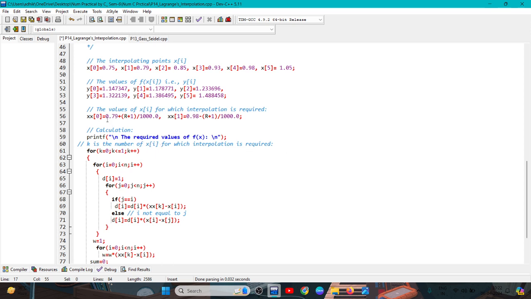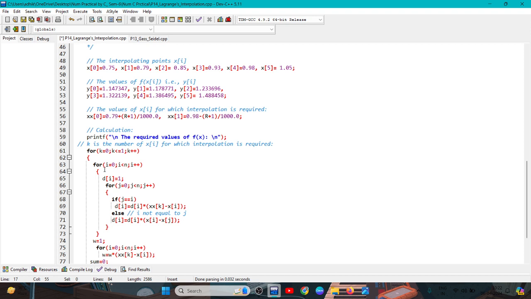So here we find for two values of x, xx0 and xx1. So we write k equal to 1. K actually starts from 0, so k equal to 0 and 1, for xx0 and xx1, for which we determine the value of the corresponding yi.